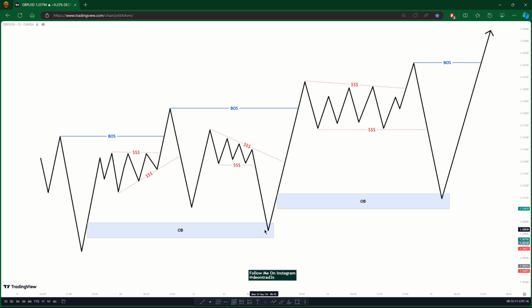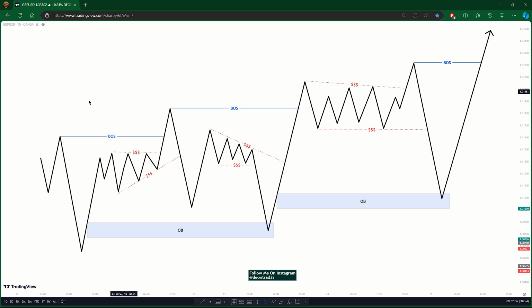Sometimes you find yourself in a situation where after price takes out this liquidity buildup here, let's say you are already up there and then it's already London session. What you need to understand is that one side of liquidity has already been grabbed.